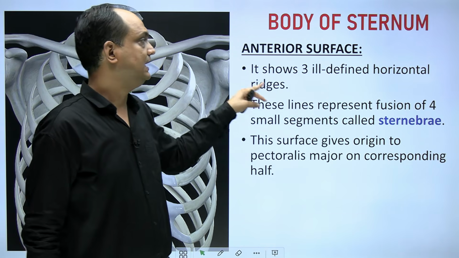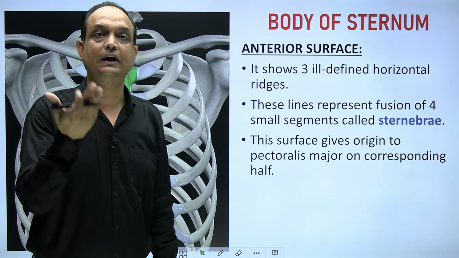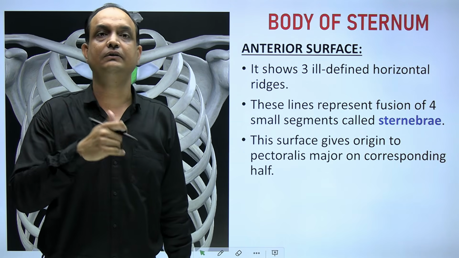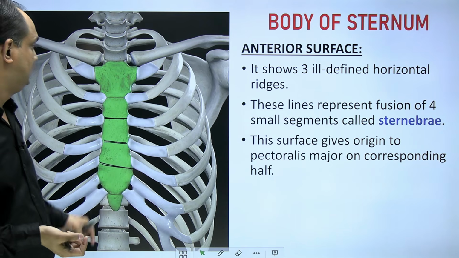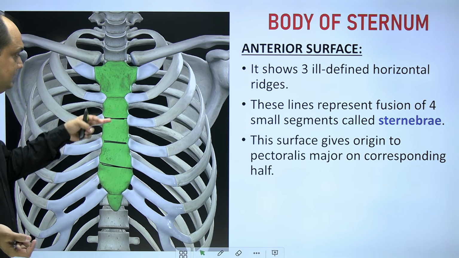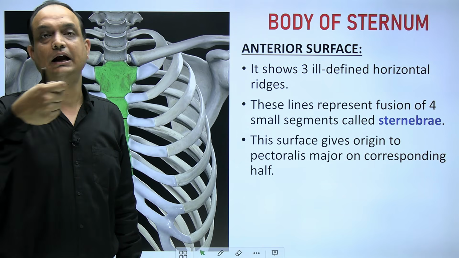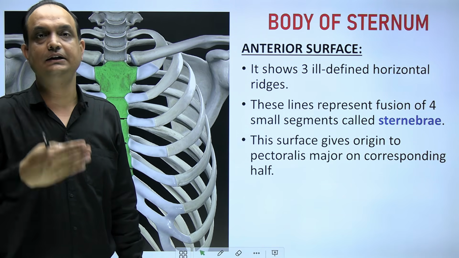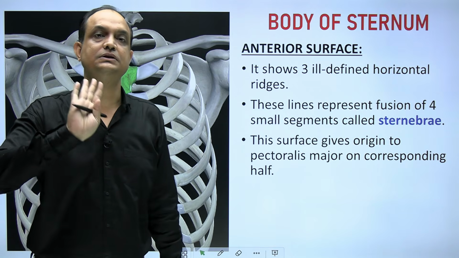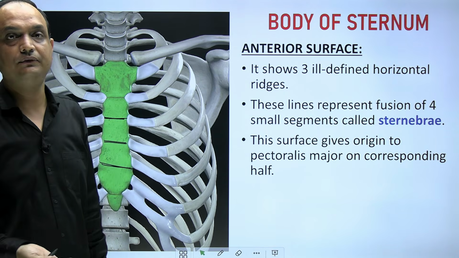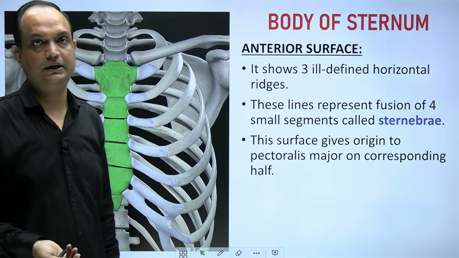So these ridges are helpful in identifying the anterior and posterior surface. Whenever you have the sternum in your hand, compare the ridges on both sides. The side where you have more prominent ridges is the anterior surface, because on the posterior surface they are not well defined or not very prominent.